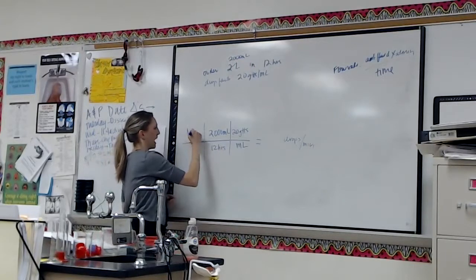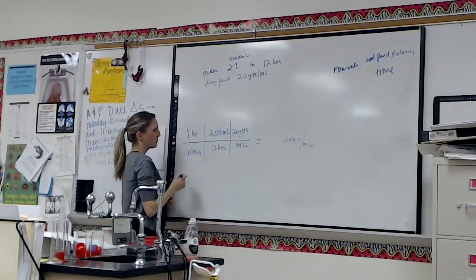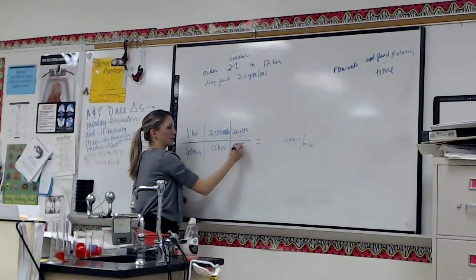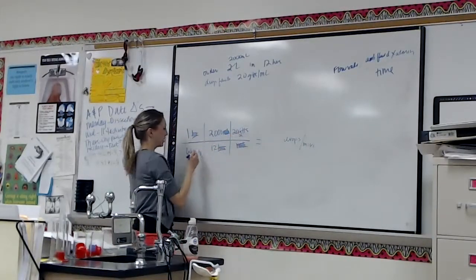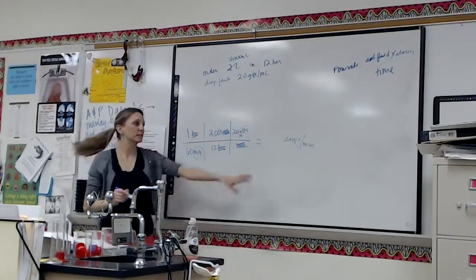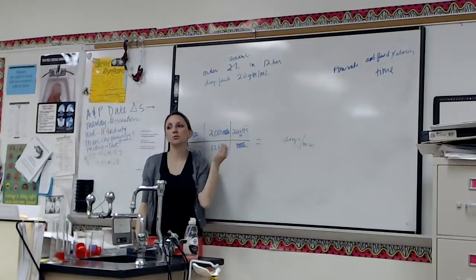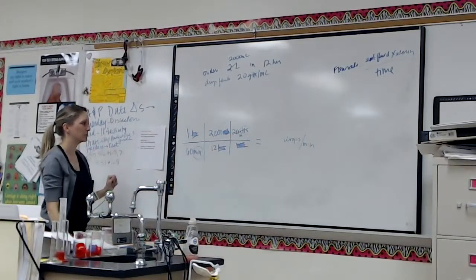Every hour we have 60 minutes. Okay, so I'm going to cancel out. Let me make sure I've got everything I need. Milliliters and milliliters, hours and hours. I'm left with drops over minutes. So that's the same as what I need my answer to be in. That's the easiest way for me to check that I'm doing the right thing. I can put it all in one equation.